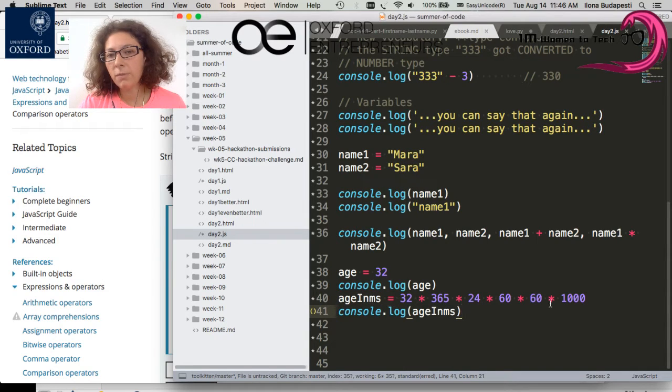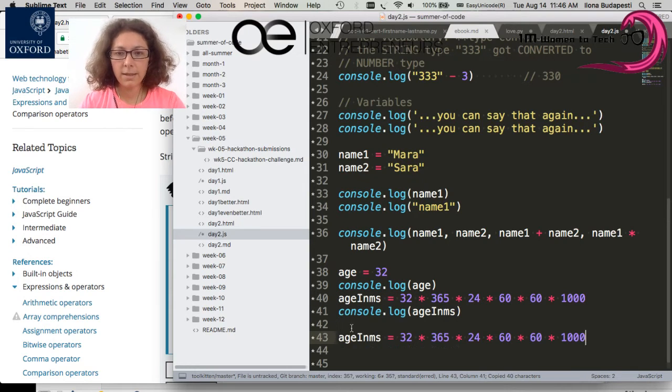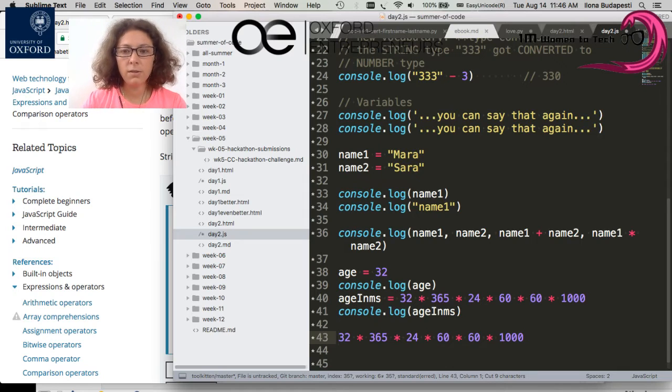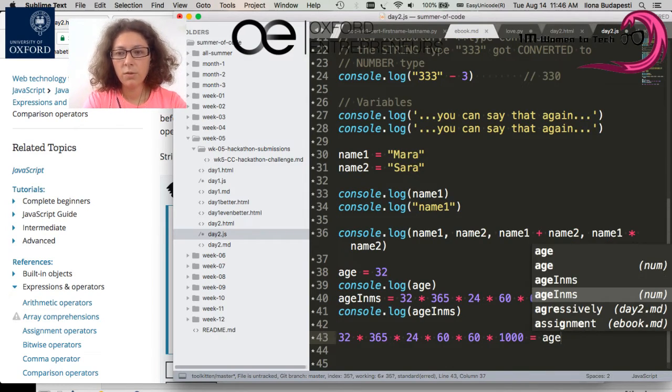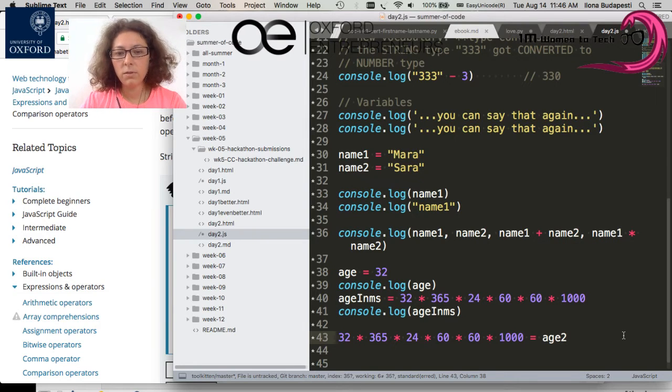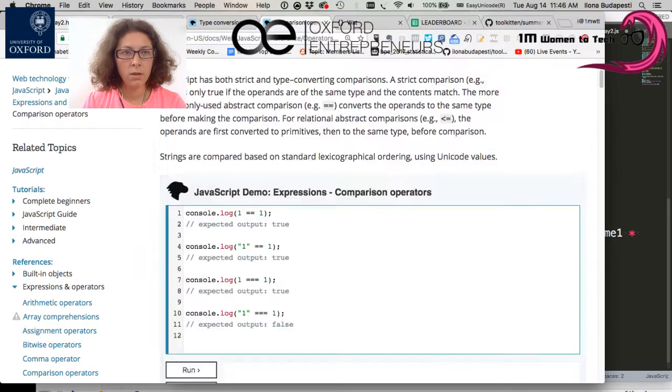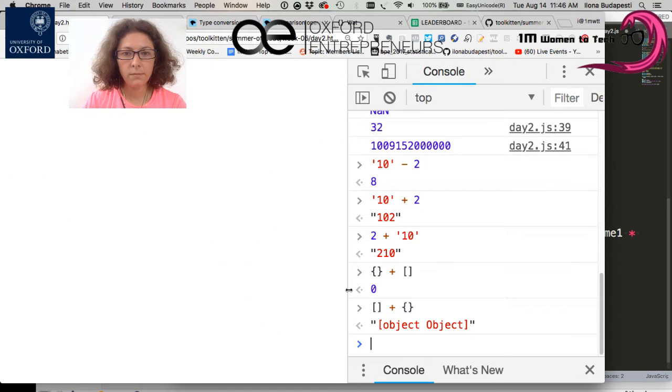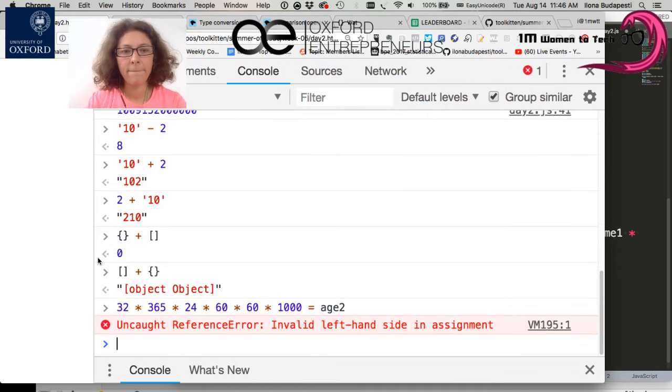You cannot do the opposite, you cannot switch the order. I've seen this before with beginners, so I just want to say: writing something equals age 2 is illegal. If we try to do this in our console, okay, this is an invalid left-hand side in assignment.